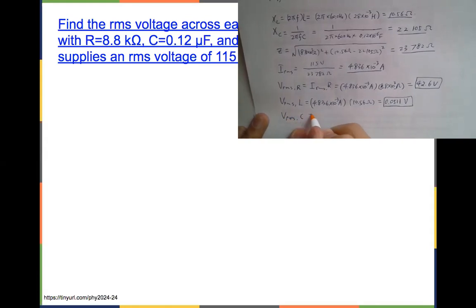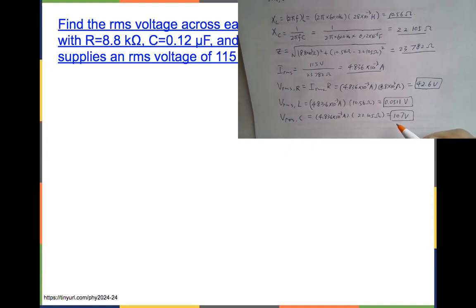V_RMS on the C is going to be the same I times XC. XC is 22,105 ohms, so that gives you 107 volts. Now, typically I would do a double check verification on my answers.